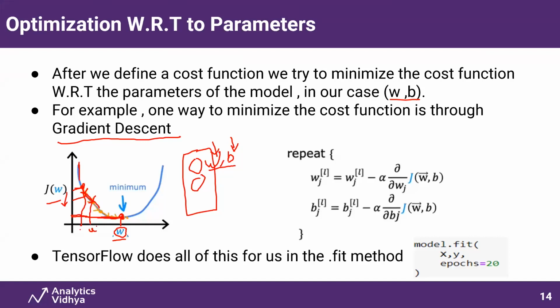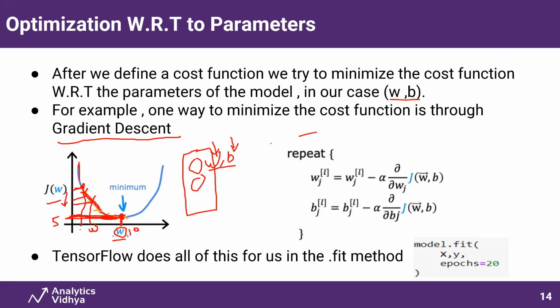The cost has reduced, can we go even further? We go, and then we arrive at this particular point, which is W. Let's say this is 10 and the cost is 5. So now we have achieved the minimum value of the cost.